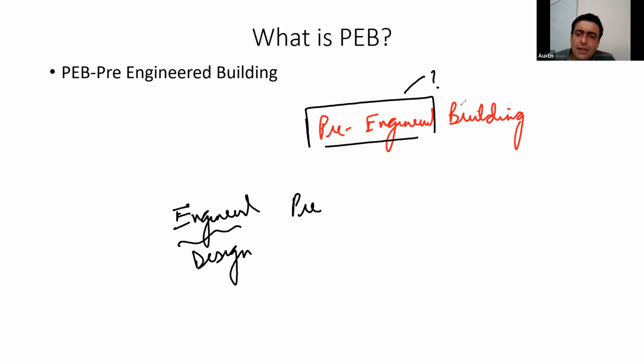Nobody is designing the building at the site. So design is done not at the site, but somewhere else. What do we include more in engineered? As Mr. Dheeraj is saying, this would be fabricated also somewhere else.